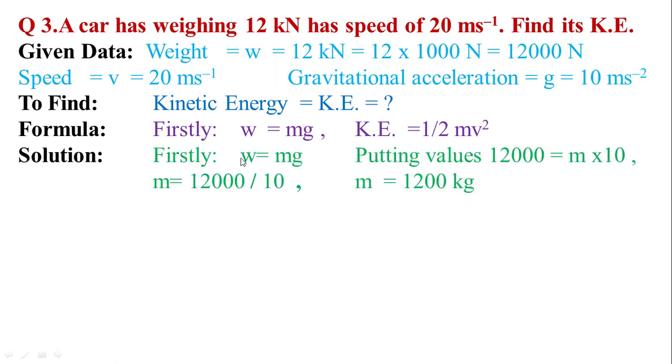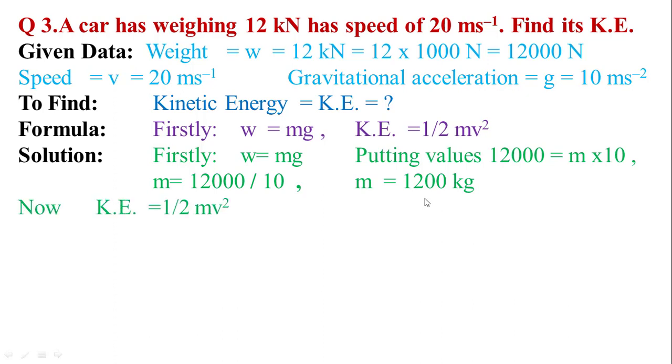Now in solution, firstly W is equal to mg. Putting the values, 20,000 is equal to m multiplied by g. So 10 is divided on the other side, m is equal to 20,000 divided by 10, m is equal to 2000 kilogram.